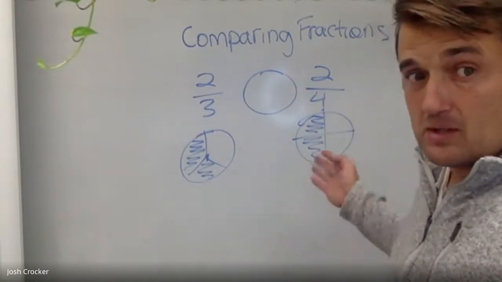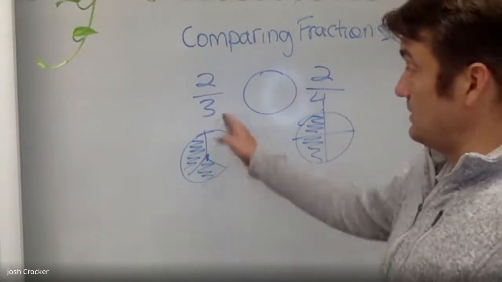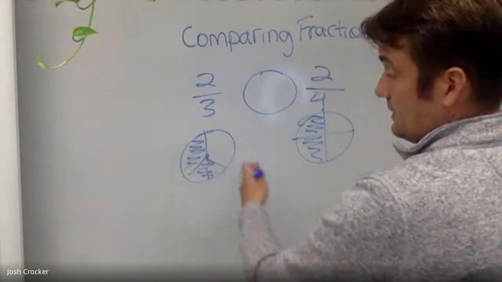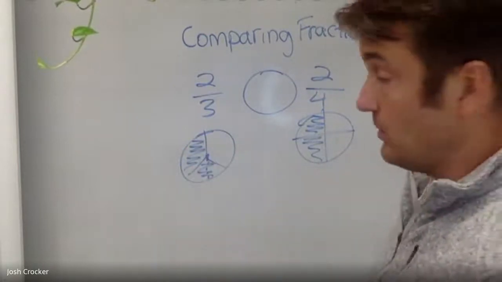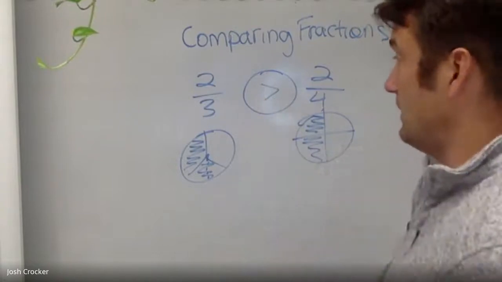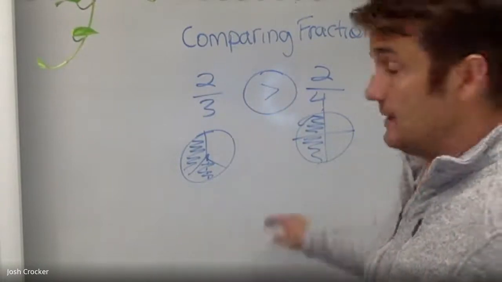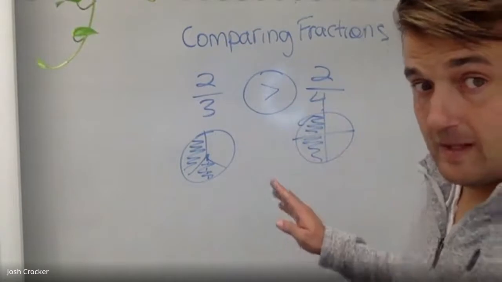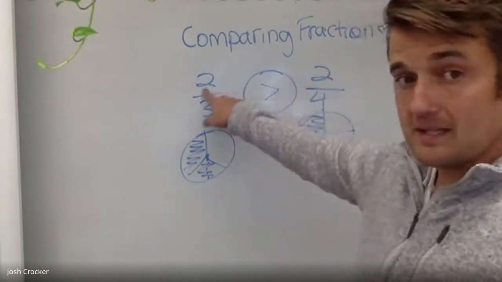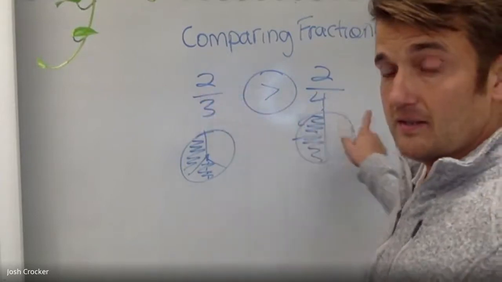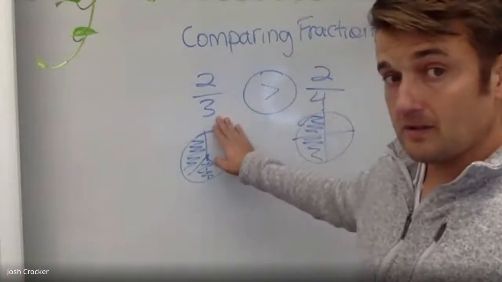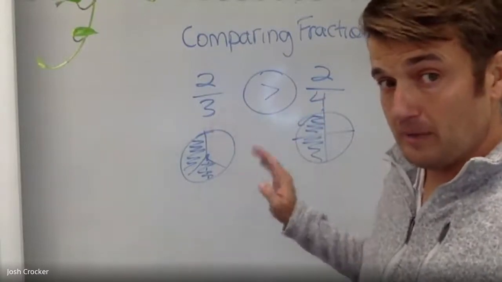It's an equivalent fraction to 1/2. And I can see that 2/3 is greater than a half. It's more. So it would go that way. Okay, so again, what I did was I picked the bigger pieces. I have two pieces. These are thirds, these are fourths. Okay, thirds are bigger, so I want the bigger pieces.